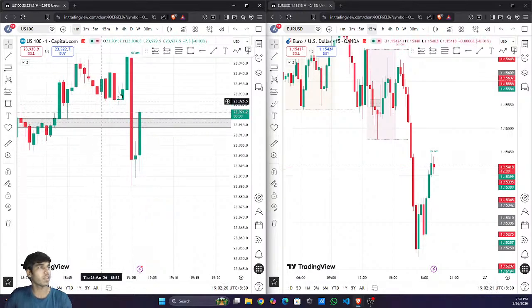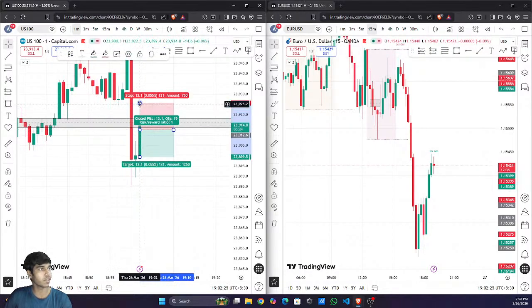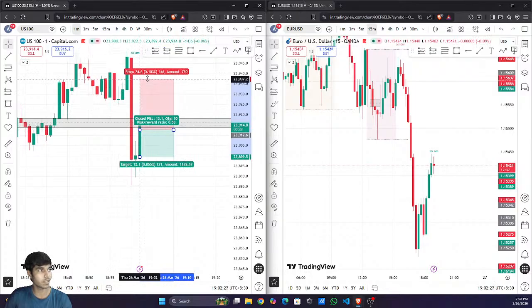Not my type of a trade. I should have waited for a breakdown, but fine. Let's see. The SL is not perfect, but let's see.